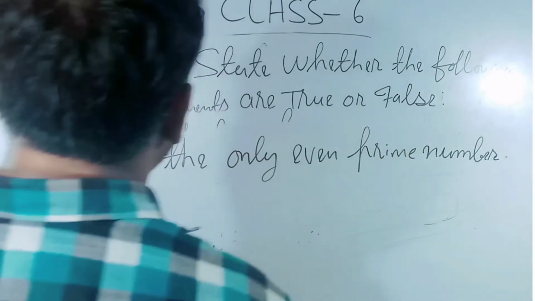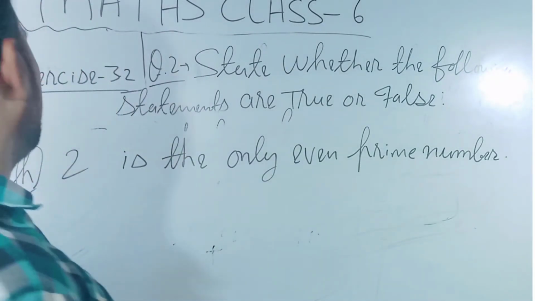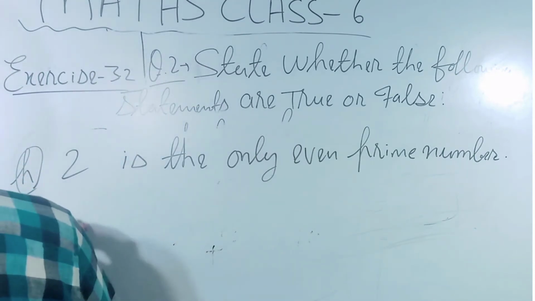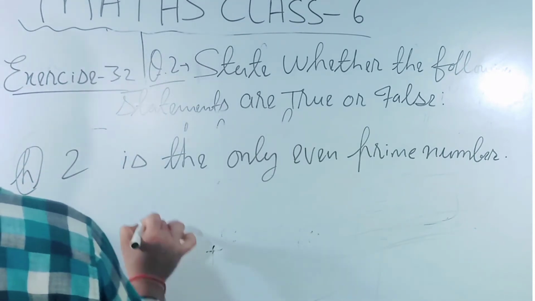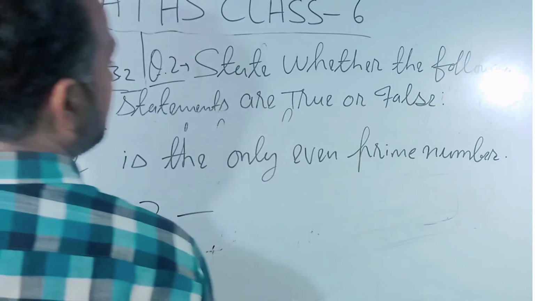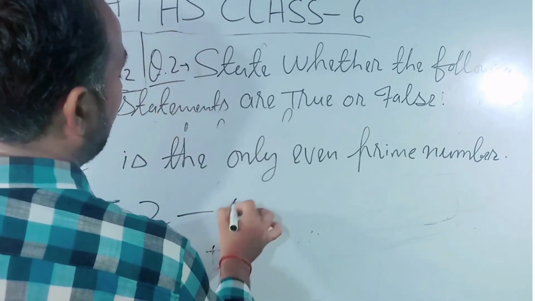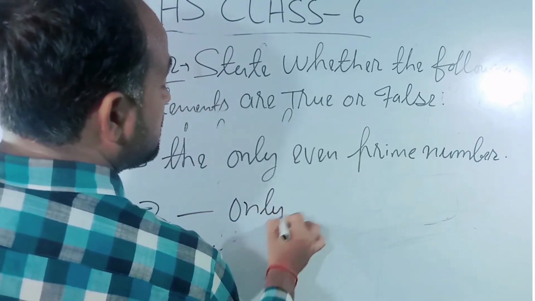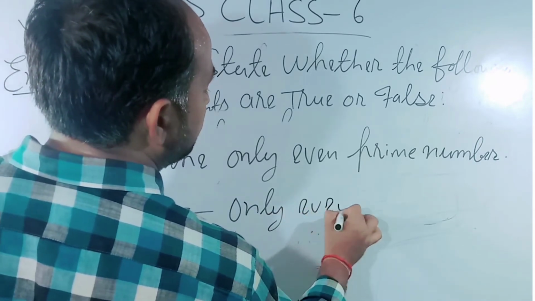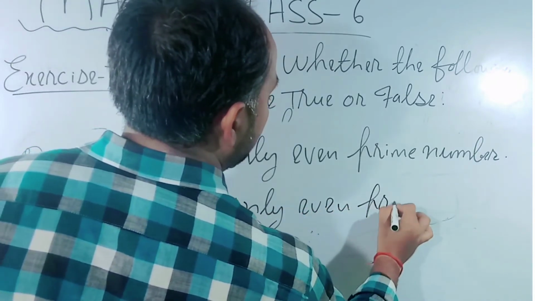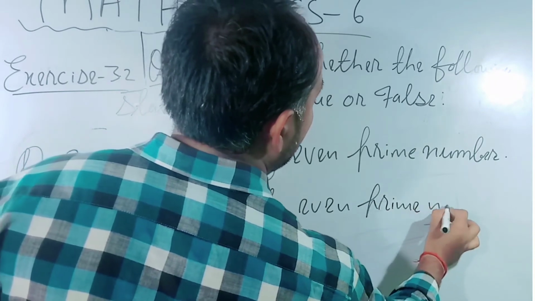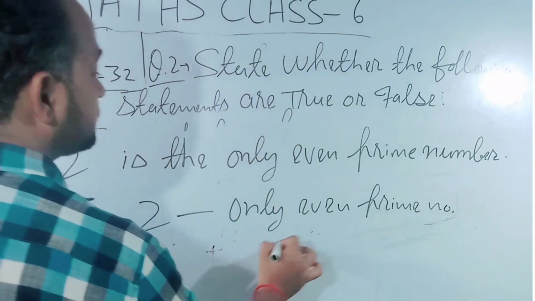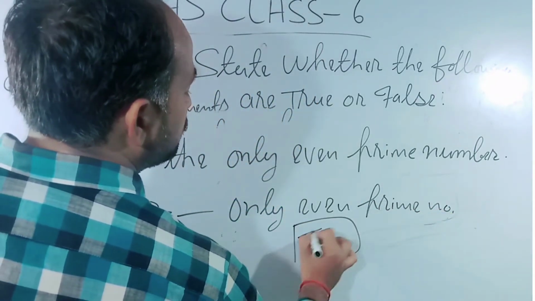Now the next part: 2 is the only even prime number. Yes, this is correct. 2 is the only even prime number. So it is true.